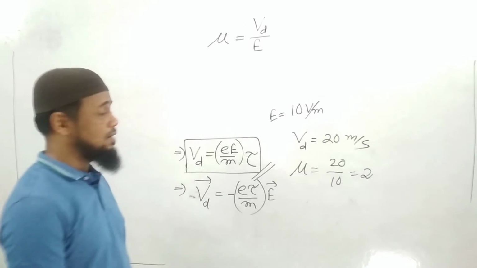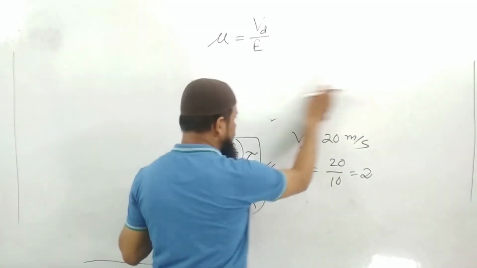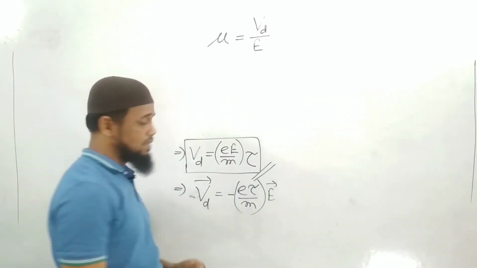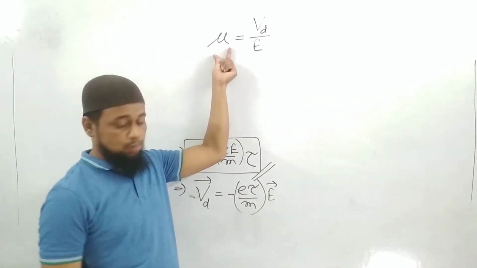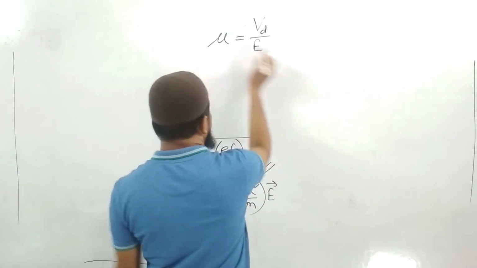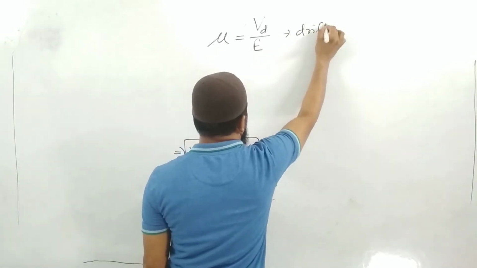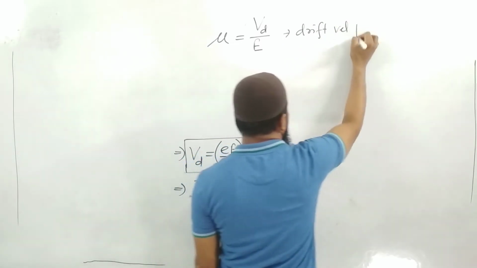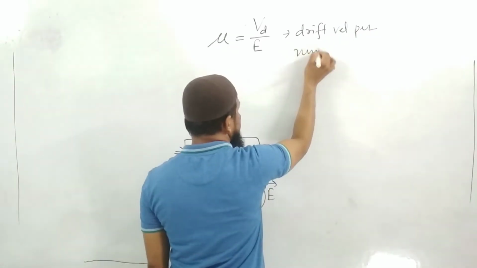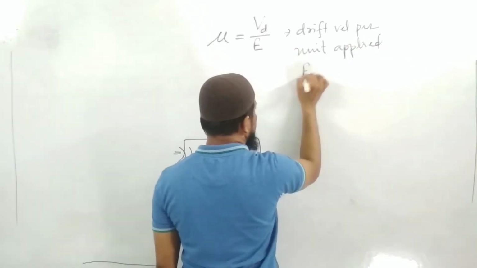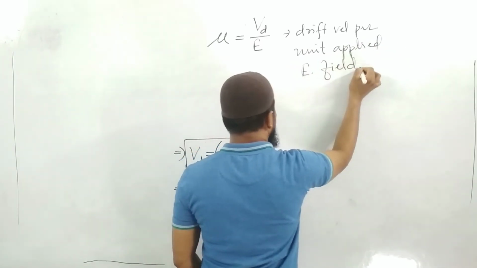You can calculate the unit by yourself. Under unit applied electric field, how much drift velocity the electrons will be gaining? That is called mobility: drift velocity per unit applied electric field.